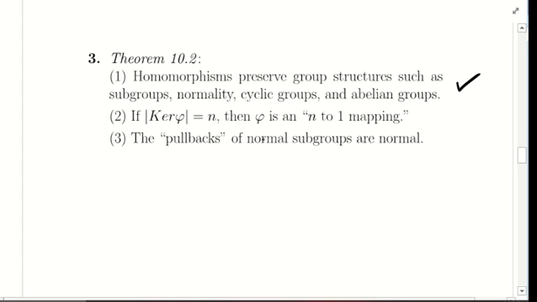Okay. A pullback is the inverse image of a normal subgroup. That's kind of a fun one. So let me just state these things and say what they mean, and I'll leave the proofs for you to peruse.